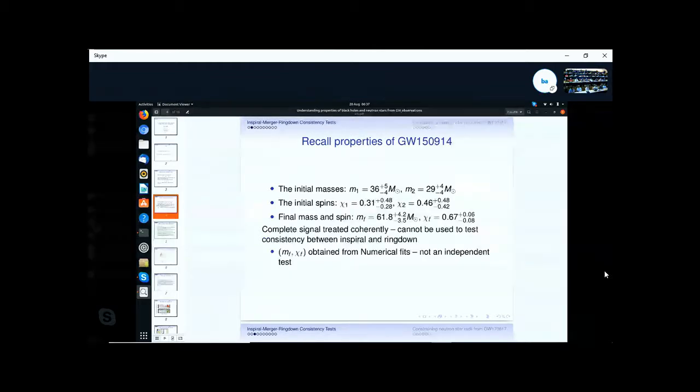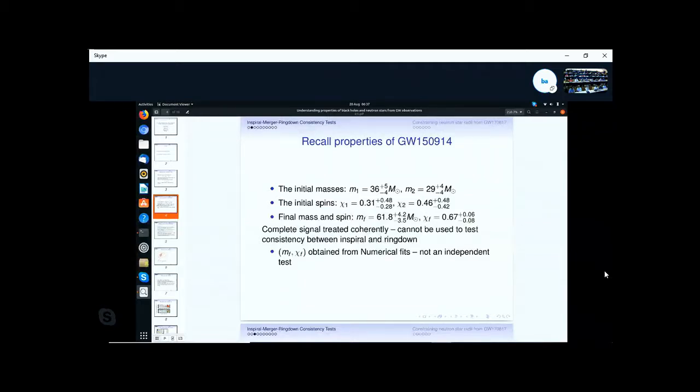Now I want to go on to the first BBH detection, GW150914. If you just recall here, the initial masses for this event, M1 and M2, are 36 and 29 solar masses. The initial spins are consistent with 0, more or less. And based on these numerical fits I mentioned, you can compute that the final mass and the final spin have to be 61.8 and 0.67.